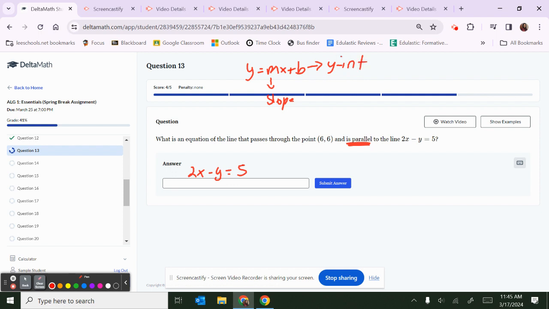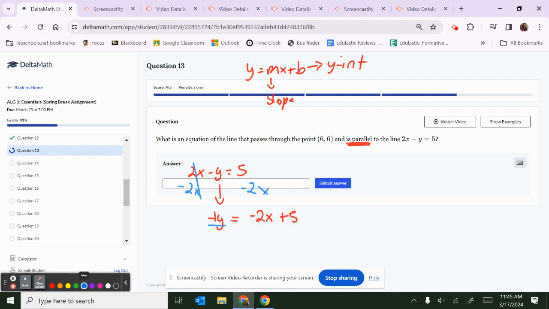No. Okay, but we need to find the slope, so we need to subtract 2x, subtract 2x. That gets canceled. All right, the negative y, I bring it down. In front of the y is a negative 1. Equal to, can I subtract 2x from 5? No. So I'm going to rewrite it as a negative 2x and a positive 5. Okay?